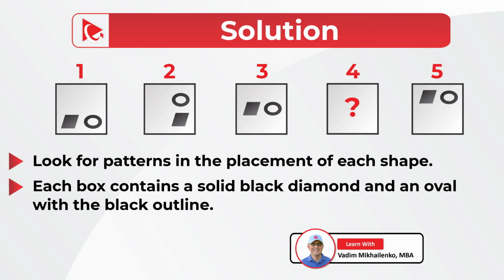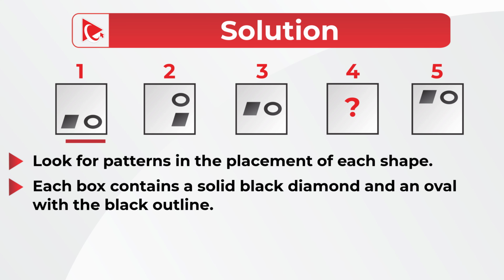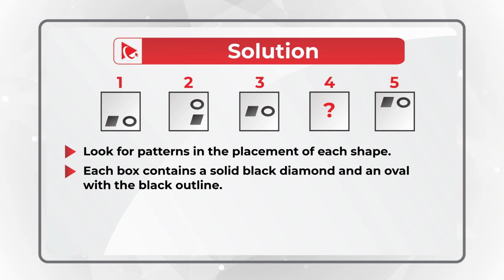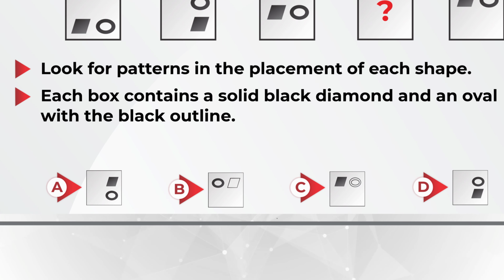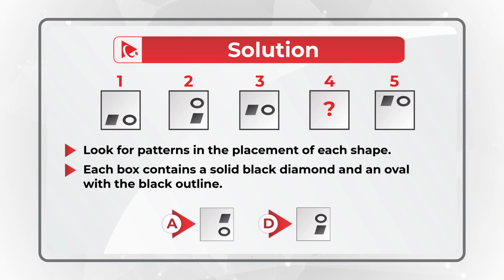This pattern is persistent for shapes 1, 2, 3, and 5. We can safely assume that the square 4 will have similar shapes inside, which automatically exclude choices B and C, only leaving possible choices as A and D.